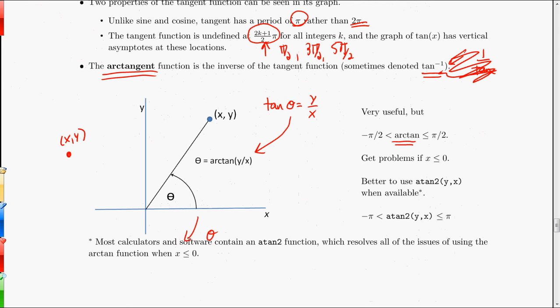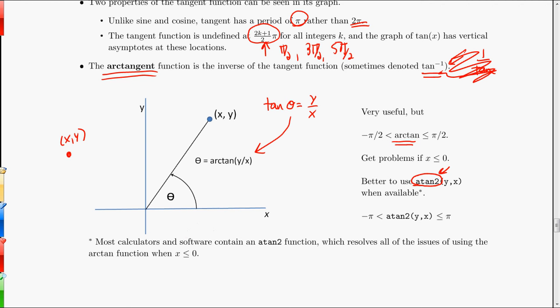There are some identities and transformations you can do, and if you take a pre-calculus or a calculus course, you'll get into that. But we will be using software, and the thing to do then is to use the arctan function with two variables, atan2. It may not always be called atan2, but in MATLAB, it's called atan2.